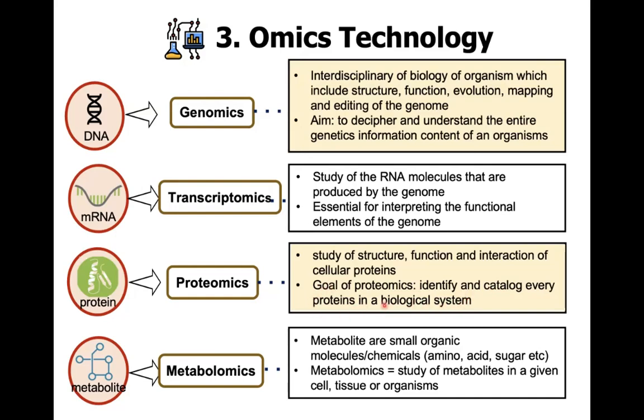They try to, tapi nak produce for every single organism in the biological system will take a very, very long time, and sometimes orang kata it is not possible. But they still put it as the goal of proteomics. Okay. Proteomics is at the protein level.